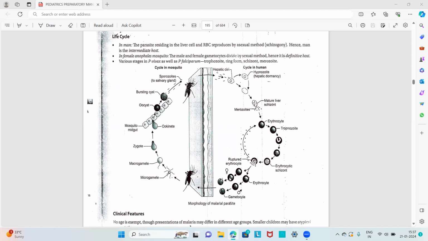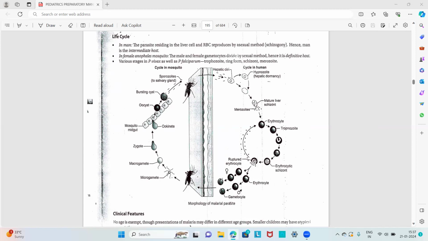Again, a normal Anopheles mosquito bites the infected human being, and the gametocytes enter as a blood meal into the normal Anopheles mosquito. So this all happens in the human body, that is the intermediate host.